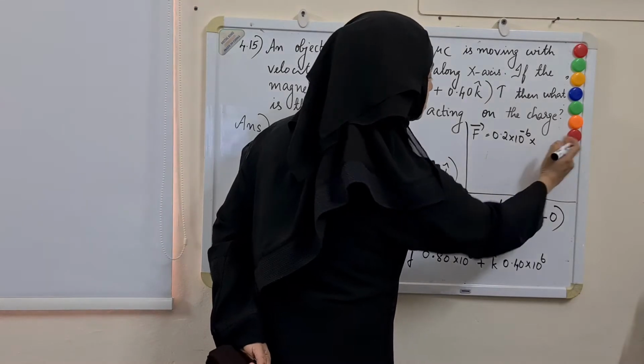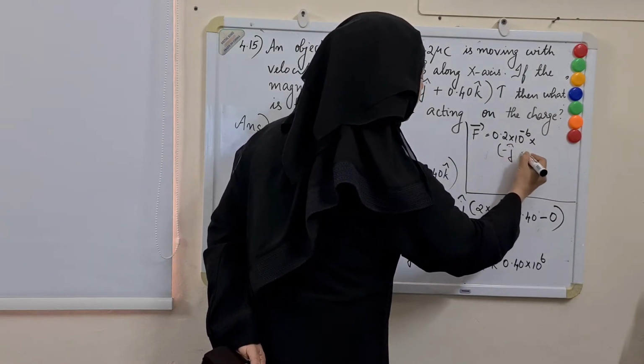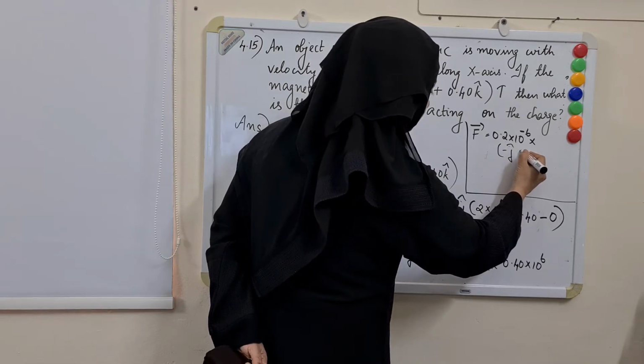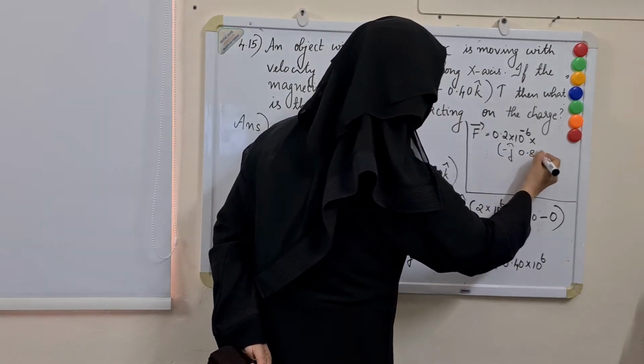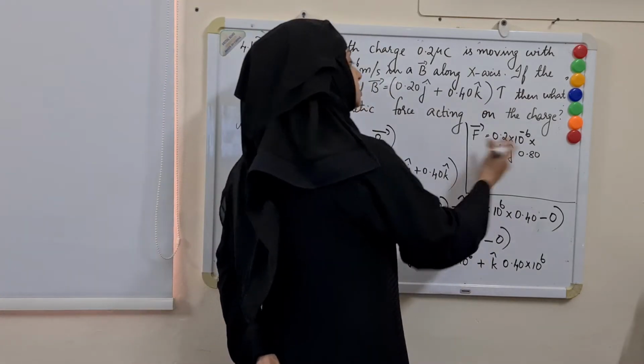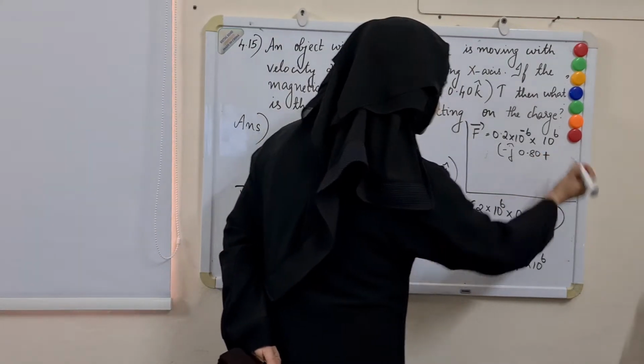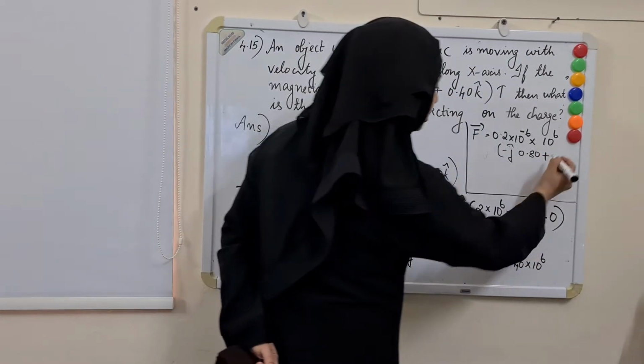I am multiplying that here. So times, there is no space here. So I will write here minus J cap into 0.80. And 10 raised to minus 6, I am going to take outside. So I am writing here 10 raised to 6. Then plus, with K cap, what do I have?